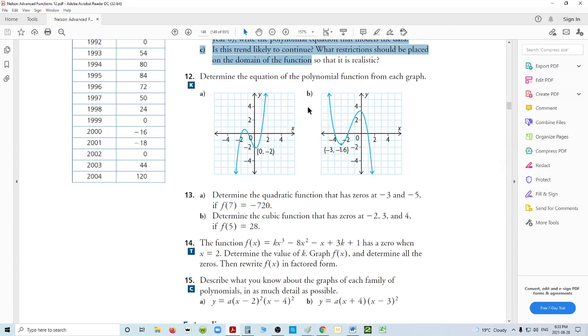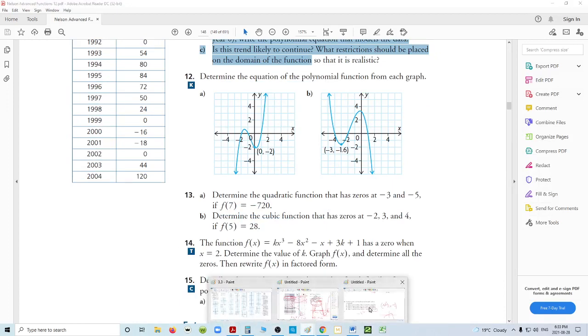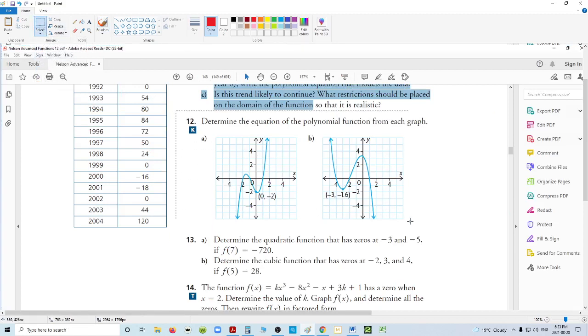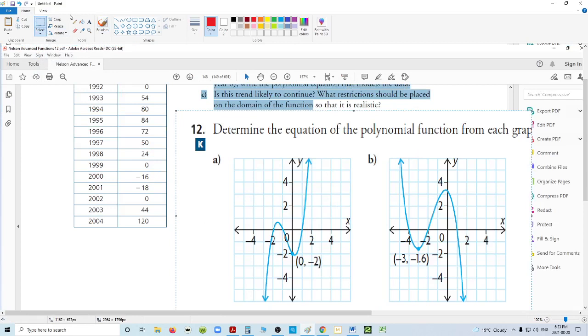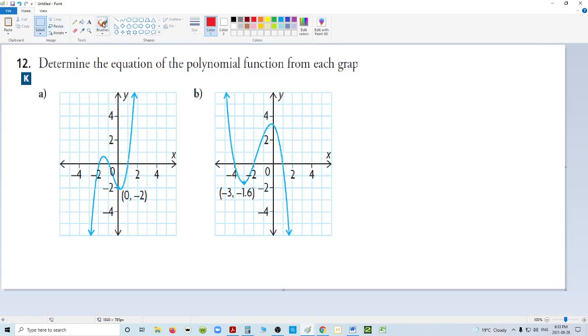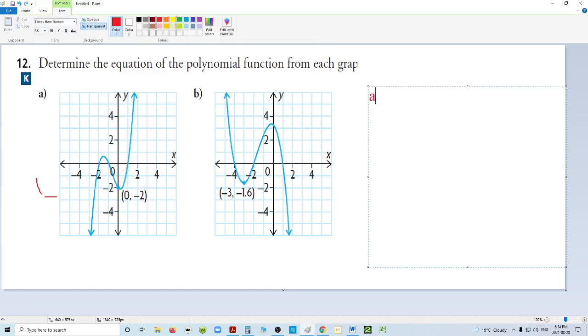Determine the equation of the polynomial from each graph. It's the same thing we've been doing, so very quickly, I'm going to do it. You're going to start by noticing a cubic, and it's normal, so it's got a positive a. They've given us a clean point, and I can see right away this is going to be my a.